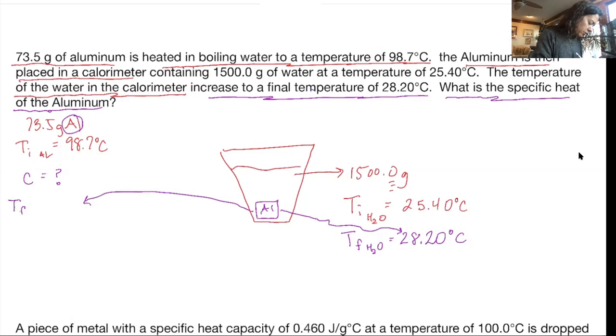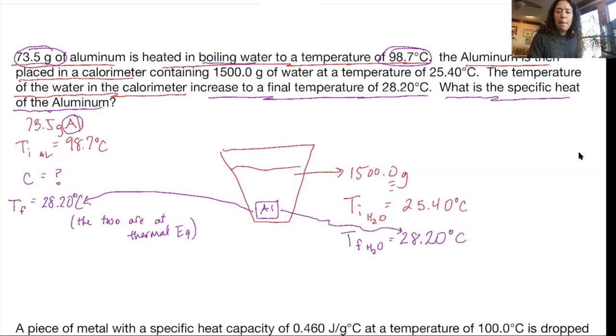So therefore, the final temperature over here is also 28.20 degrees Celsius because the two are at thermal equilibrium, just as these two were at thermal equilibrium in the beginning, okay?